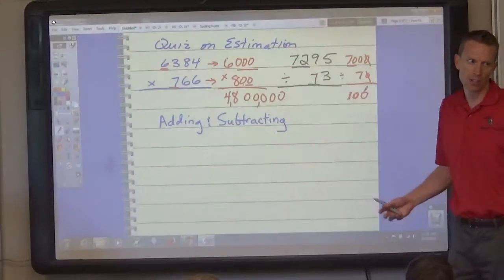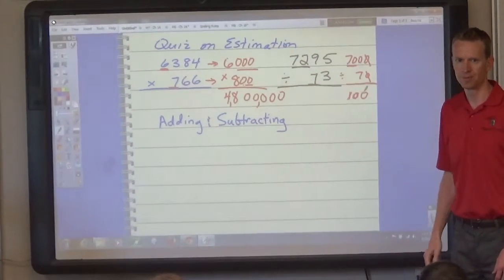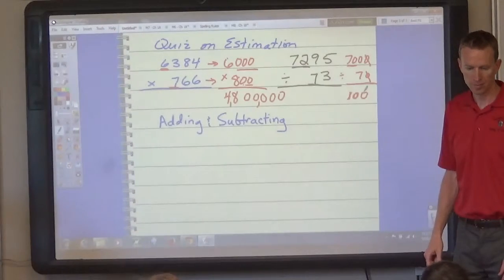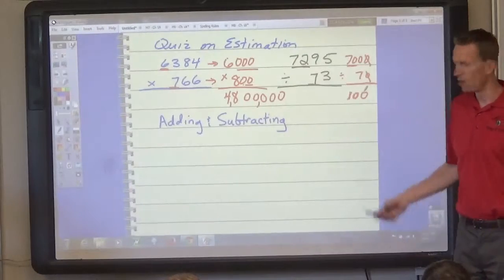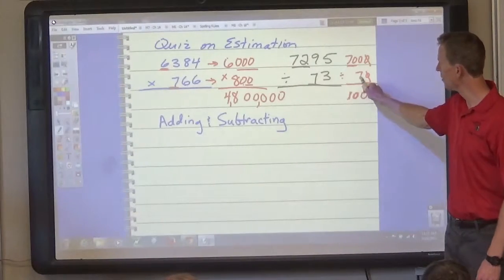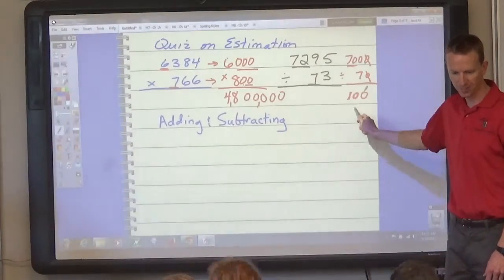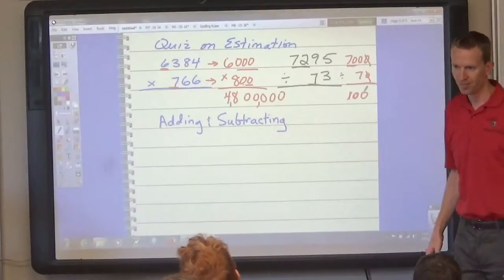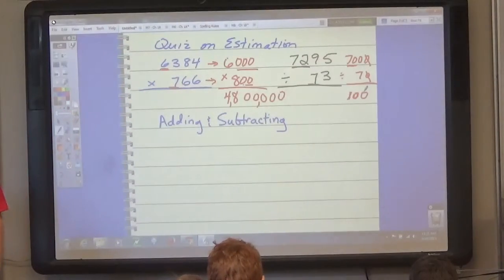Or you might want to just do 700 divided by 7, because 700 divided by 7 is 100. 100 times 7 is 700. So write this one down, Carson. Write this one down, everybody, as an example.